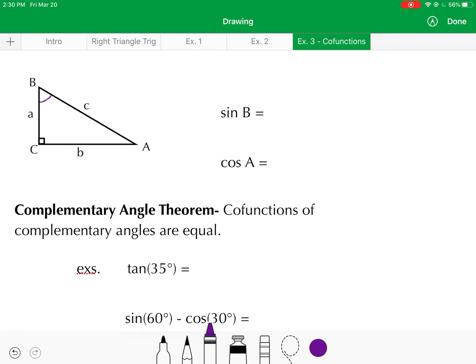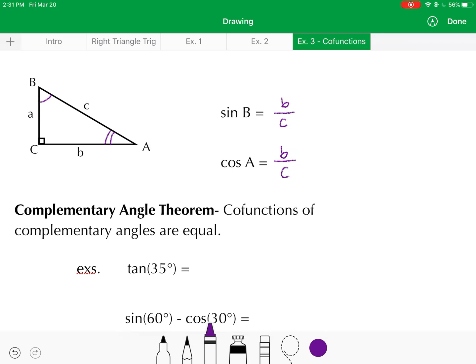Based on the way this picture is labeled, I would say that sine of angle B is equal to side length B divided by the length of the hypotenuse, B over C. I also now want to find cosine of angle A, which is right here. Now cosine is defined to be the adjacent side length to the angle. So in this case, for angle A, that would be side length B divided by the hypotenuse.